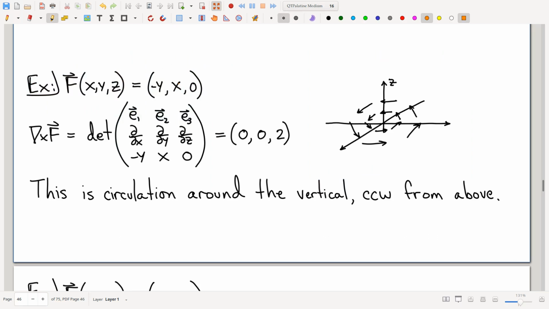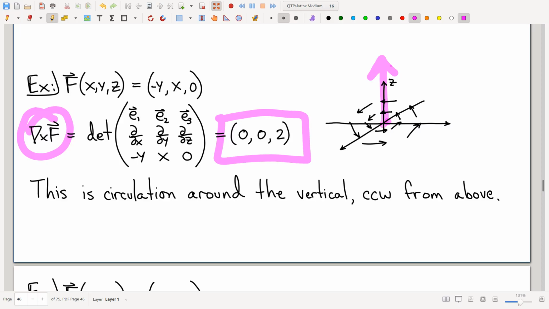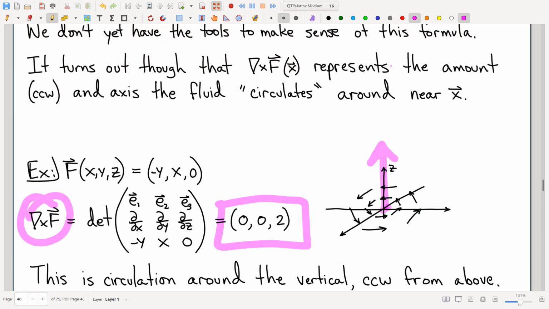Okay, so we compute the curl. Yada, yada, yada. Here's what the curl ends up being. The curl is this vector 0, 0, 2, which points up. And I claim this does what we claimed it does. This vector is pointing in the direction that the axis rotates around.